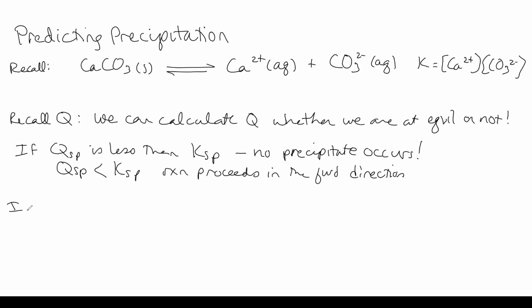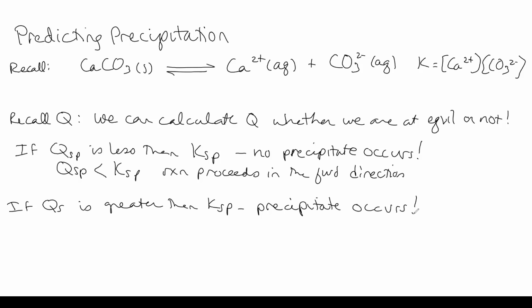So if QSP is greater than KSP, then we're going to have precipitate. Okay, so we're going to precipitate some out of solution, written that slightly different way.